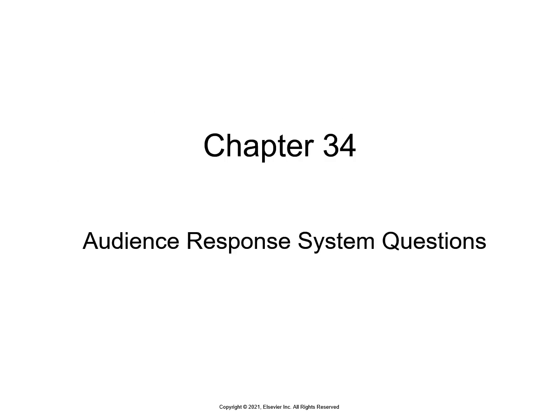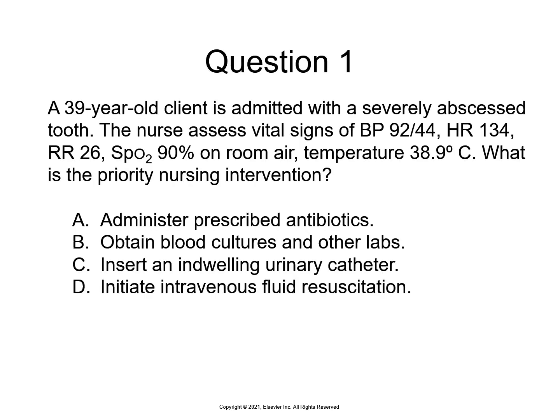So let's look at these questions. I'm going to do these also because I think this is a very intense sort of lecture. Let's look at question number 1. This question talks about a 39-year-old patient who is admitted for a severely abscessed tooth.